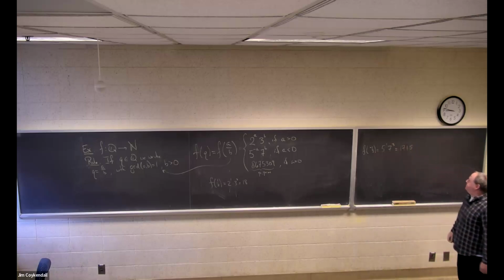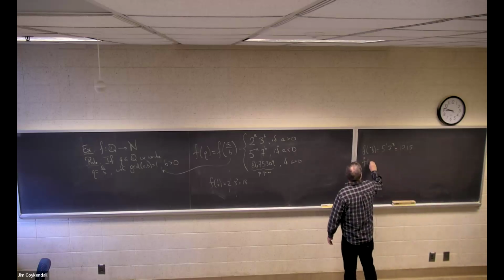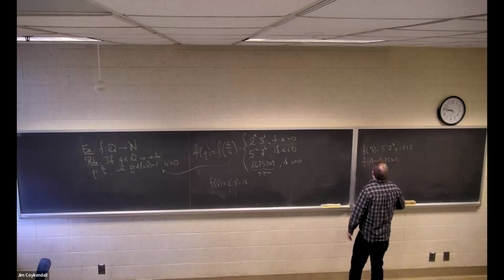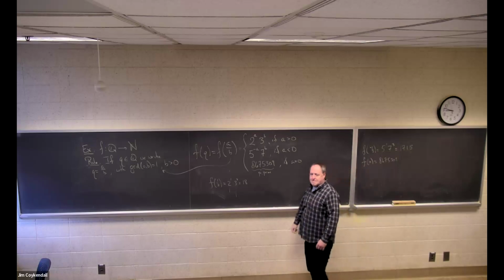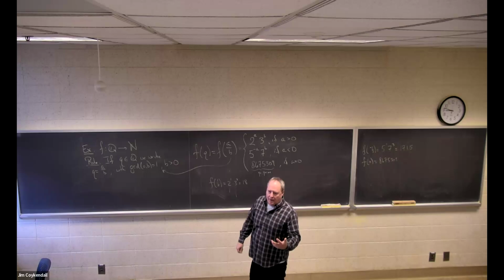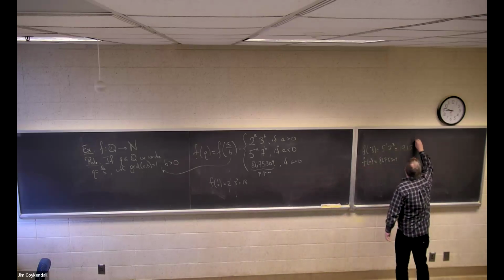I think that's right. And of course, f of 0 is 8675309. Notice that this always gives you a natural number. Can anybody explain?